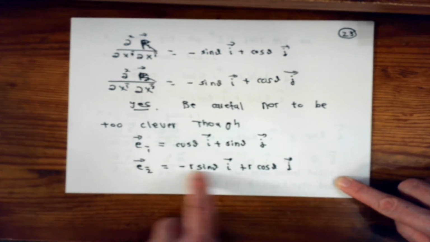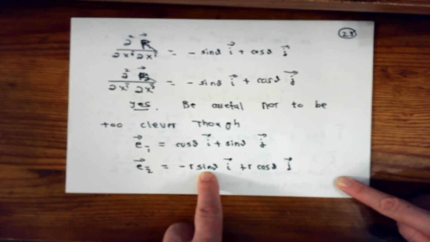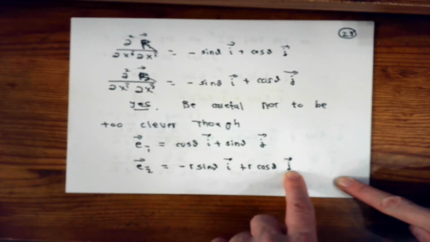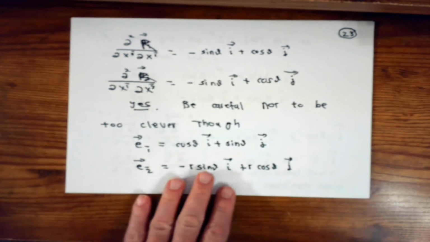I'll divide it by r, and then I'll just have negative sine theta I plus cosine theta j, and I'll have myself a nice orthonormal basis, meaning that the basis vectors are at right angles to each other and both have length 1. At first glance, that looks like a very clever idea, but if you do that, you basically have shot yourself in the foot. Let me explain why.